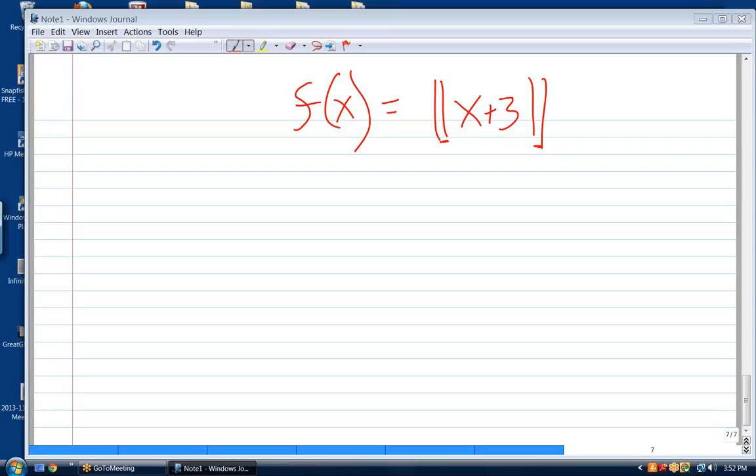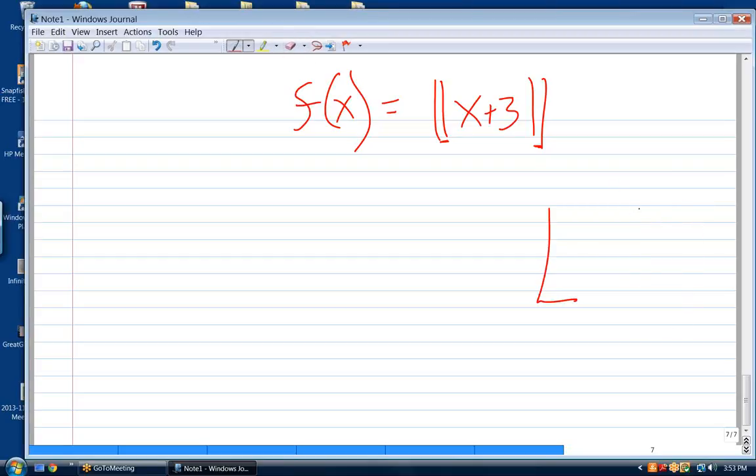Is this the greatest integer function or the opposite of that? There's the greatest integer function and there's the floor function. I think it's the greatest integer. Okay. The greatest integer function is usually designated by this. I keep writing that wrong.